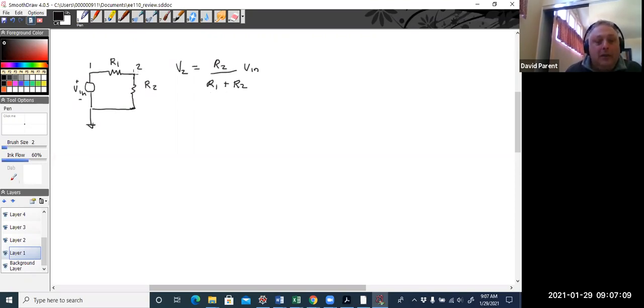Now I want to talk about the intuitive part of it. And there's actually 4 extremes, right? R1 fixed and finite, R2 goes to infinity.